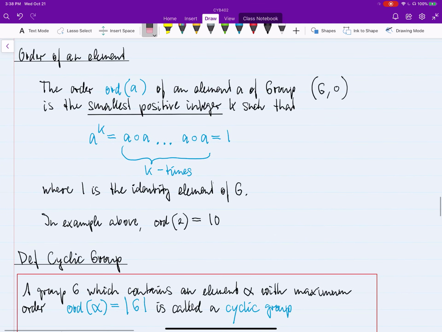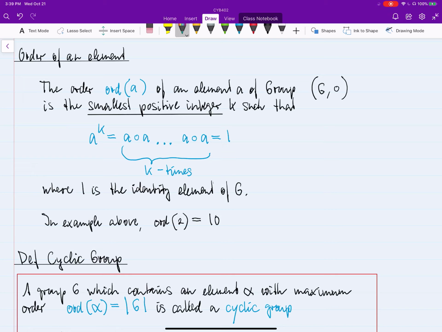Let's get towards a formal definition of what the order of an element is. Remember, we talked about the order of a group, which is the number of elements in the group. Now we talk about the order of an element.